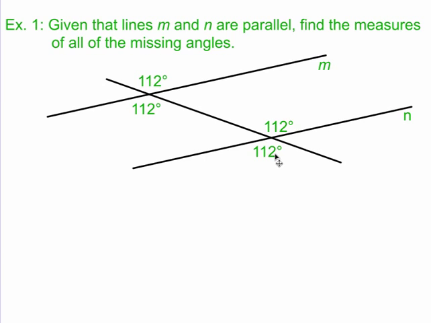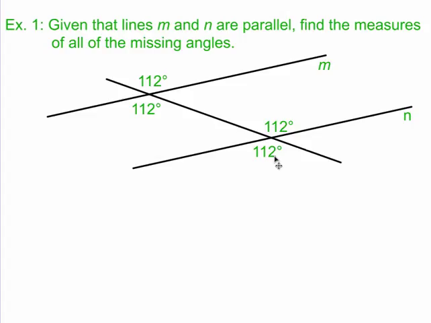Now, there are two ways I could come about this one being 112. It's vertical with my 112 I was given at the beginning, so that's easy. I could say that it's also corresponding with this 112. Or there's actually a third way. I could also say it's alternate exterior with this 112 up here. Any of those ways will give me my missing angle.